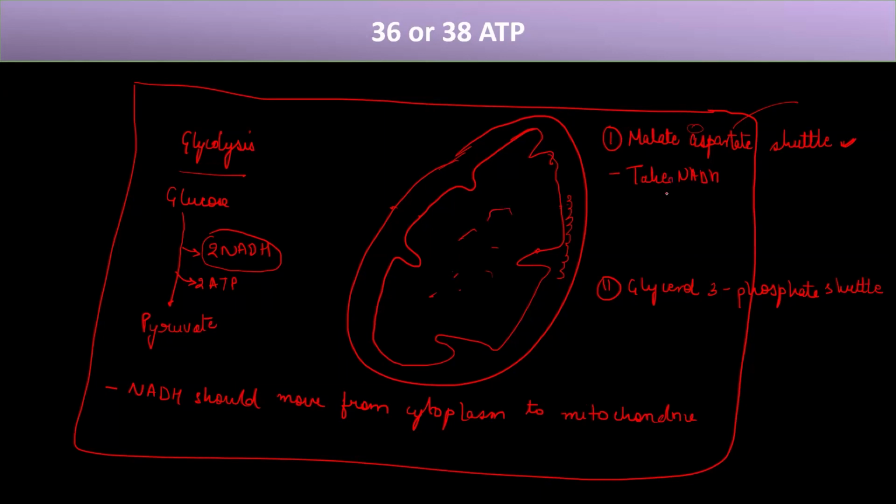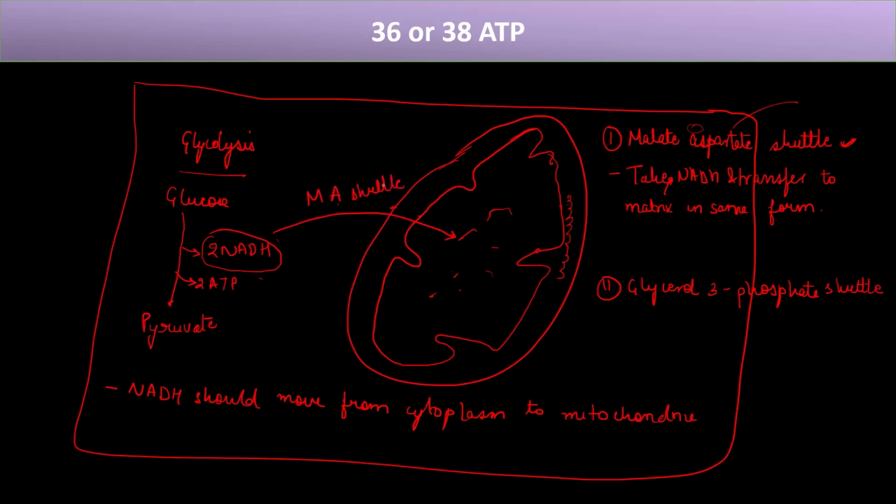So it takes NADH and transfers it to the matrix in the same form. So what will happen then? Then 2 NADH will finally be obtained if your shuttle is this one, the malate aspartate shuttle. I'm writing it as MA, malate aspartate shuttle.